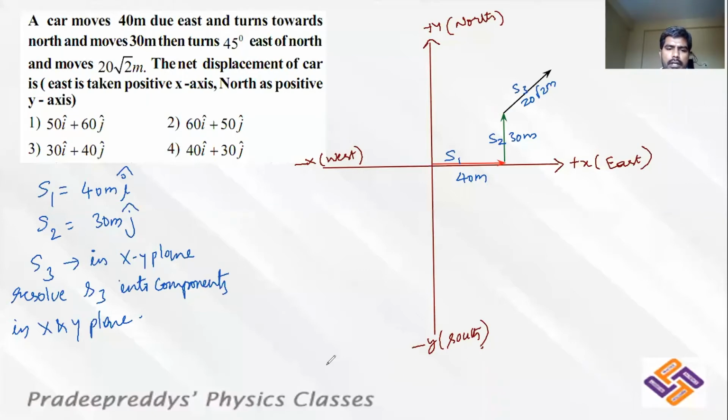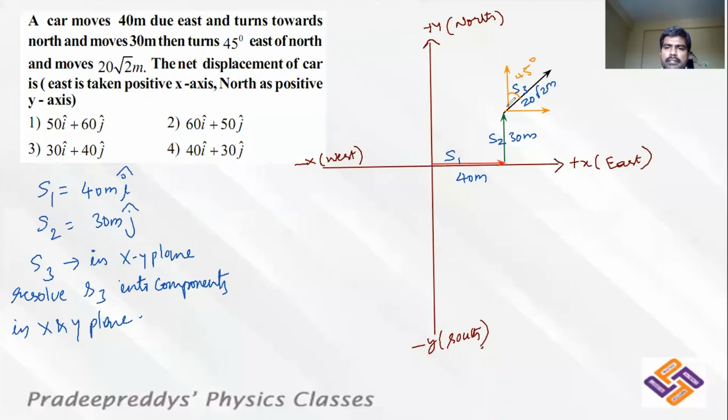One component along horizontal and one component along vertical. And the angle made by this is 45 degrees. With north it is turning 45 degrees towards east.